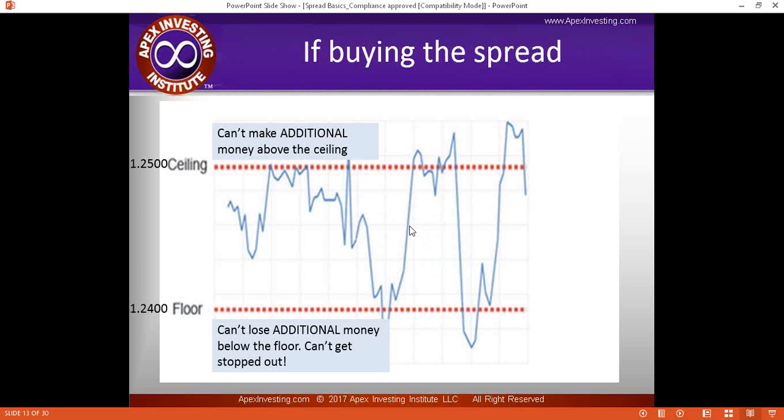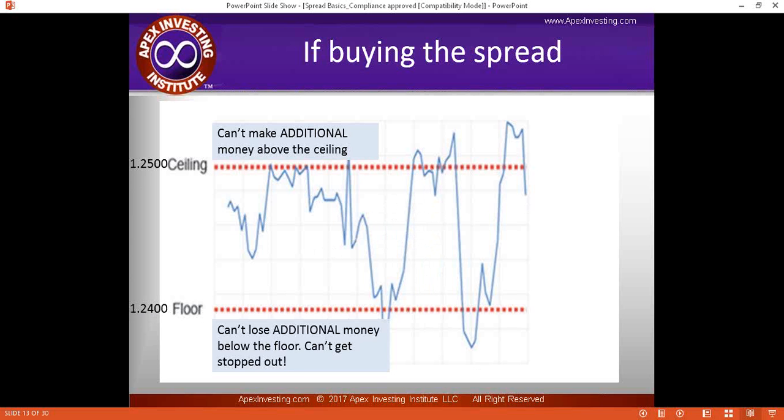Okay, so Randy, how about this? If I bought it at 2450, because I think it's going up, but I'm wrong, and the market starts to come down. Now it comes down to 45, then 40, then 35, 30, 25.